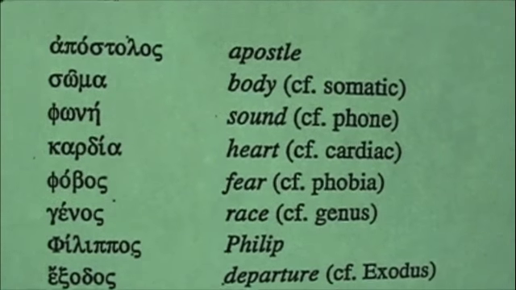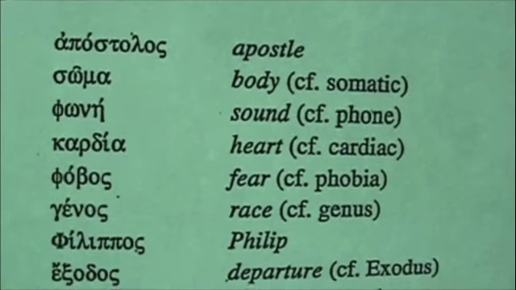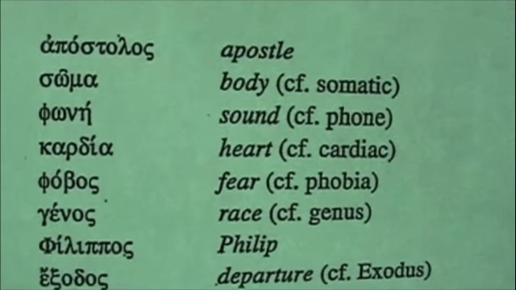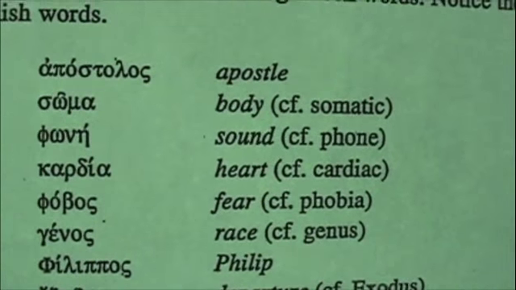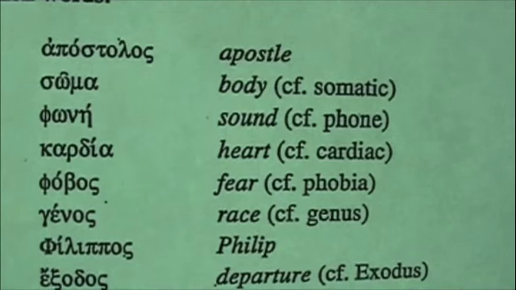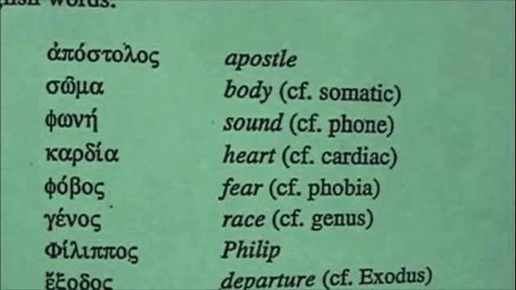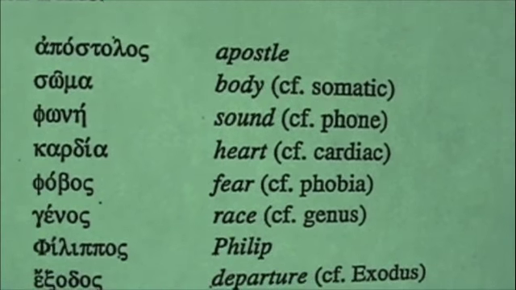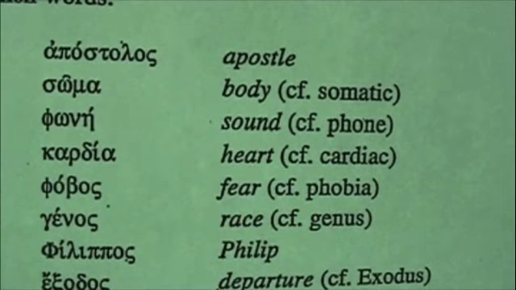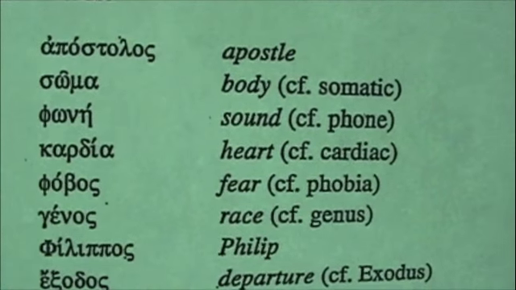All right, the second word is the word soma. Sigma, omega, mu, alpha. Soma. You know, like somatic, we get that word from the Greek word soma. The next word is the word phone.